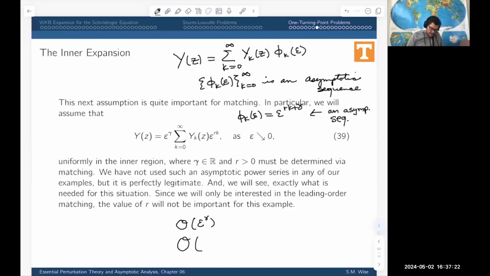And this should be an equation for y0. The next term that we're going to get is order epsilon to the gamma plus r. And this will give us an equation, if everything works out, for y1. And then you continue on.